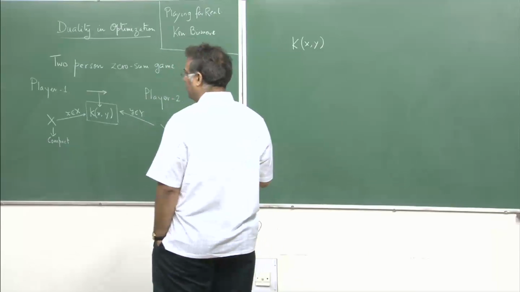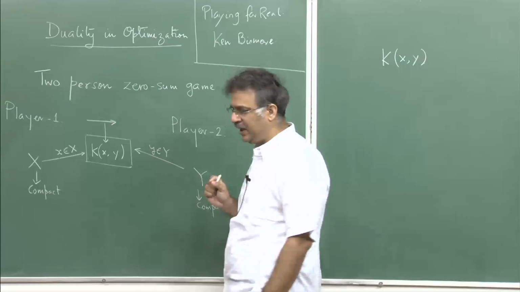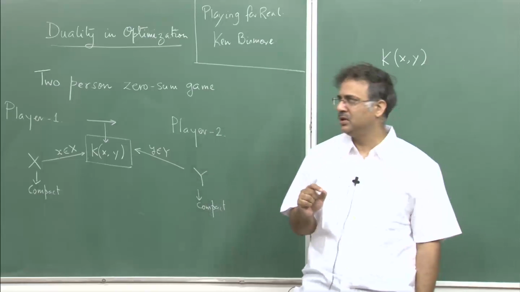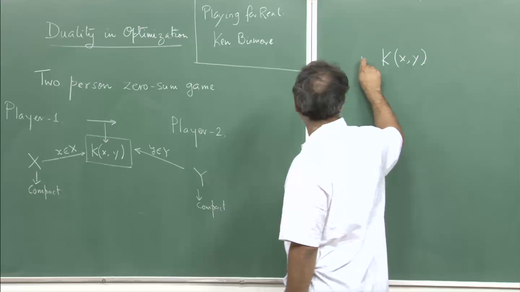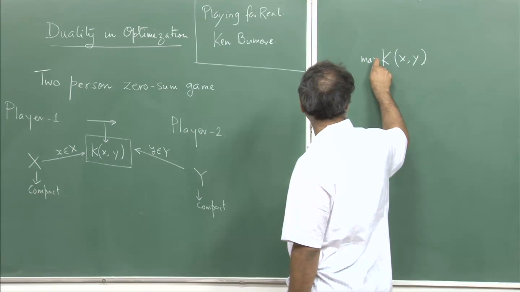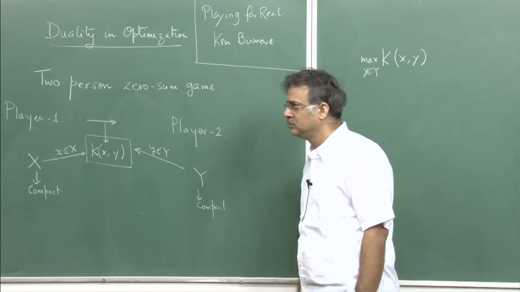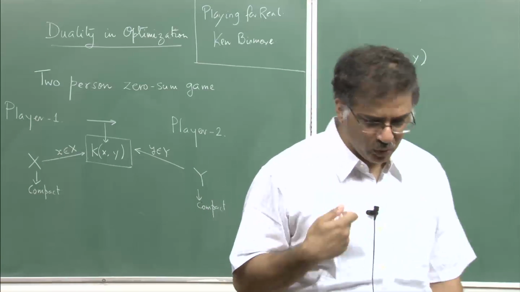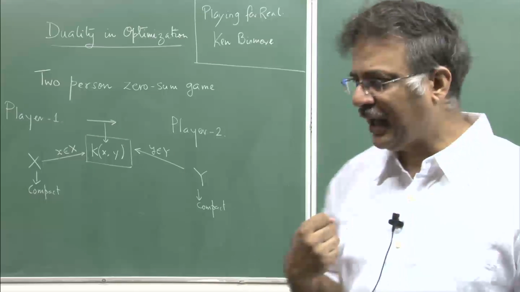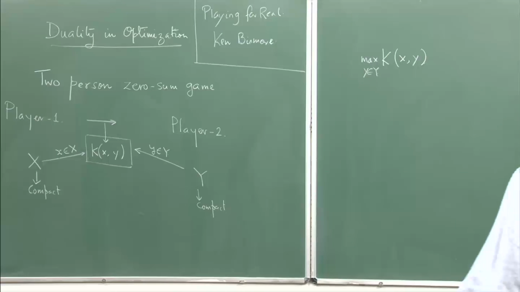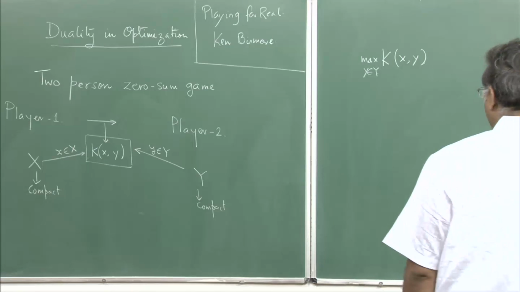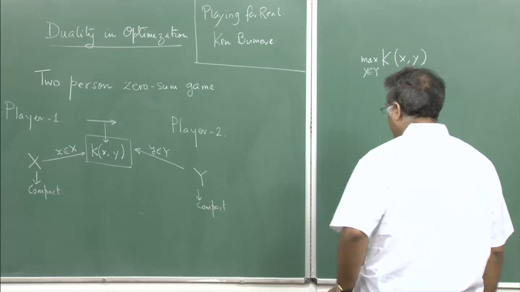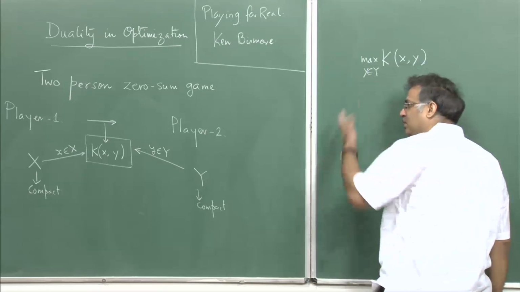If I am playing, I want to know, if I play x, what is my maximum loss. Obviously player 2 would like to make a move that draws as much money as he can from player 1.